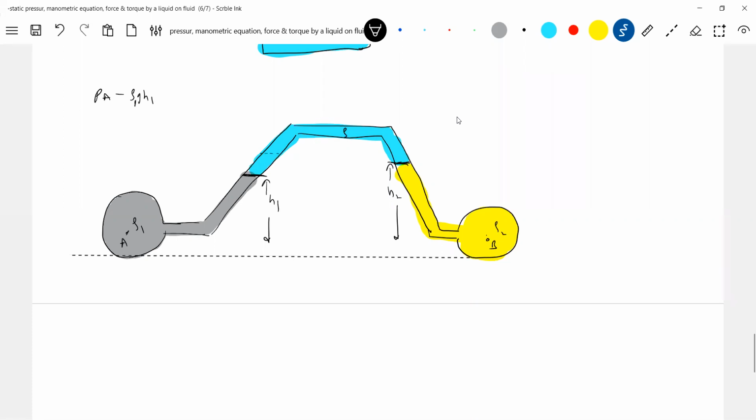Rho 1 GH1 minus rho GH2 minus H1, minus rho 2 GH2, minus PB equal to 0.